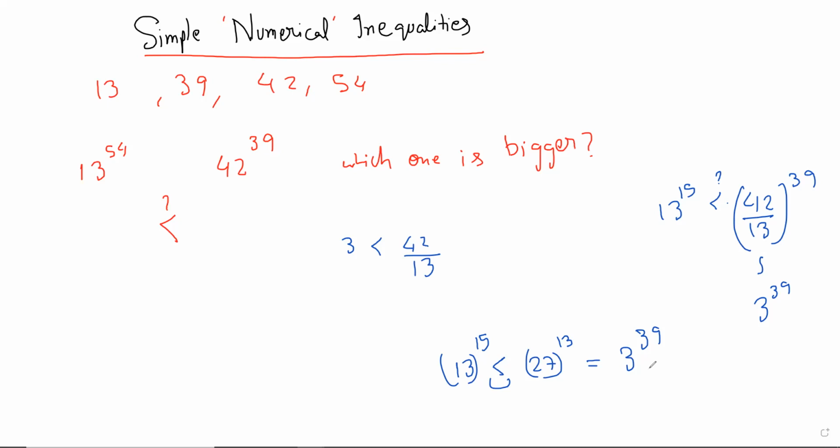That 3 is less than this, and so now you can understand it works. Okay. So does anybody have any questions here?